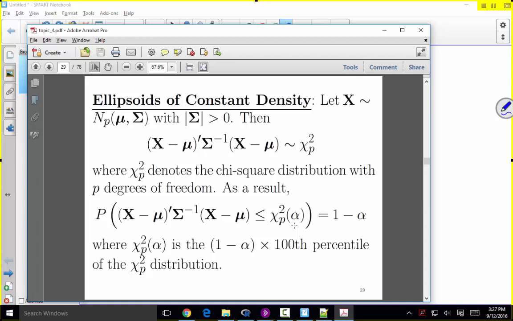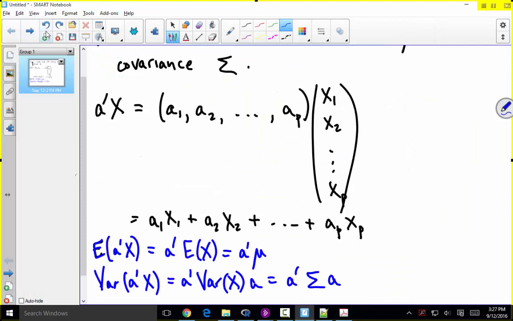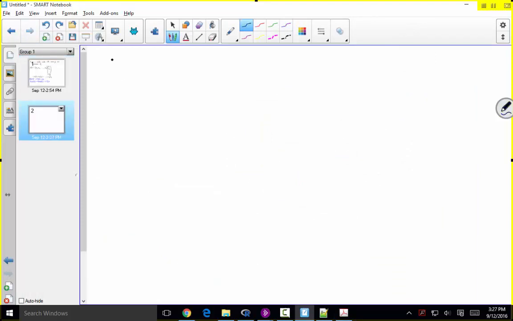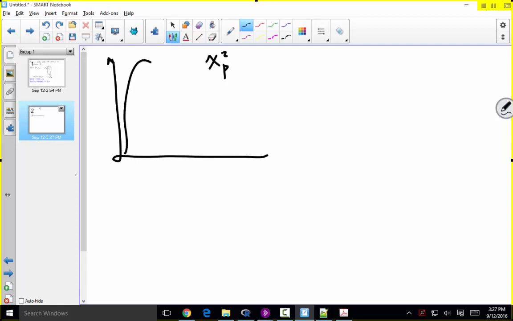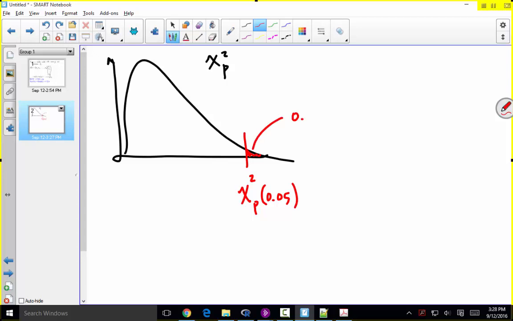I'll draw one. Chi-square p. Let's suppose it looks like that. Chi-square p of 0.05, for example, would be the number such that the area under the curve to the right of it is 0.05. So another way to say that is that's the 95th percentile of the chi-square p.